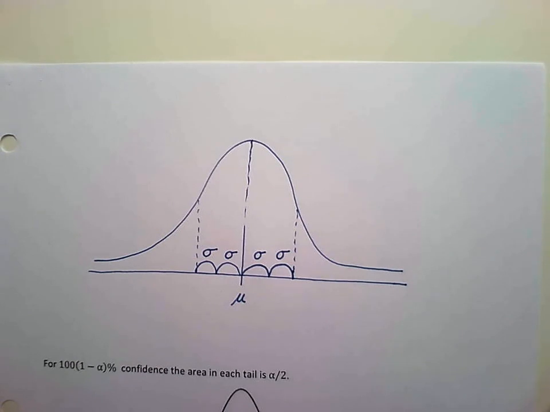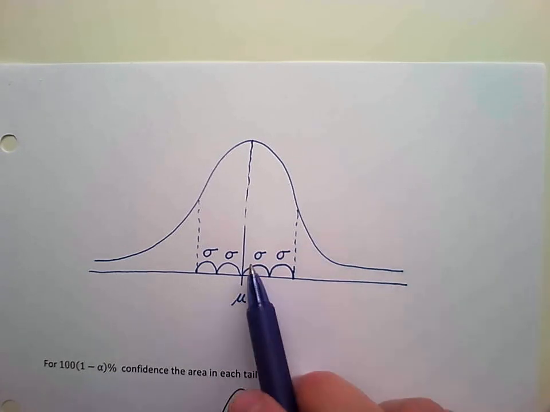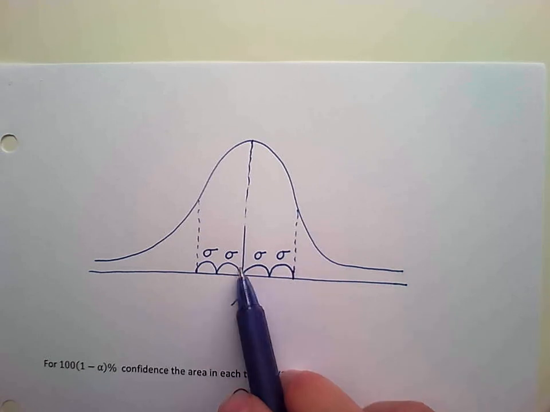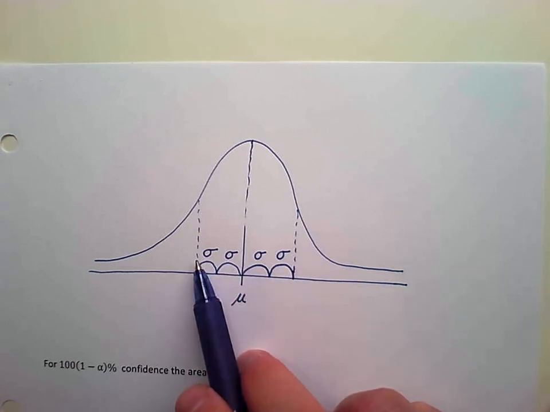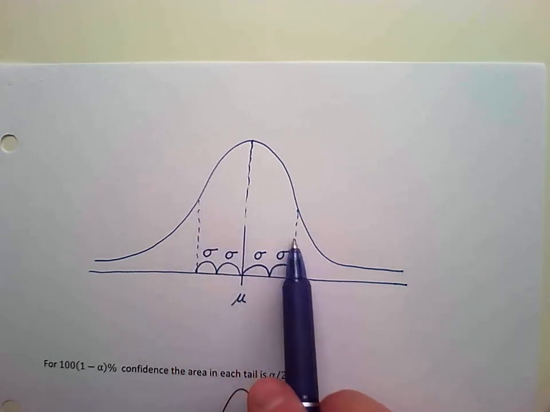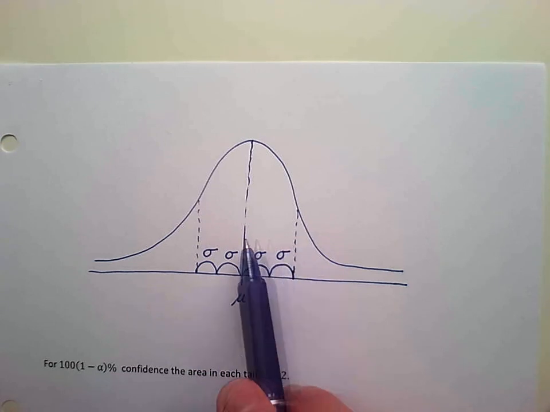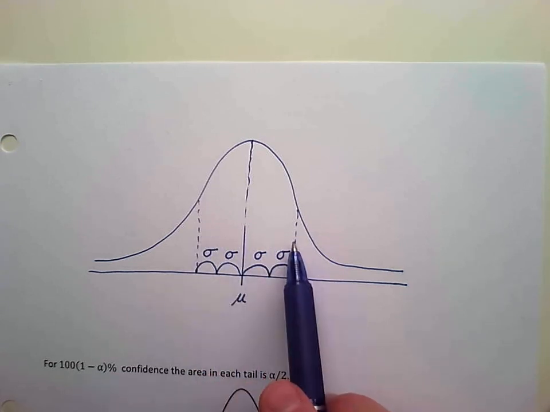First off, then, using the empirical rule, try to remember back to the empirical rule. If you go 2 standard deviations above the mean, and you go 2 standard deviations below the mean, what percentage of our data do we have then between these 2 cutoffs? So the percentage is 95%, right?